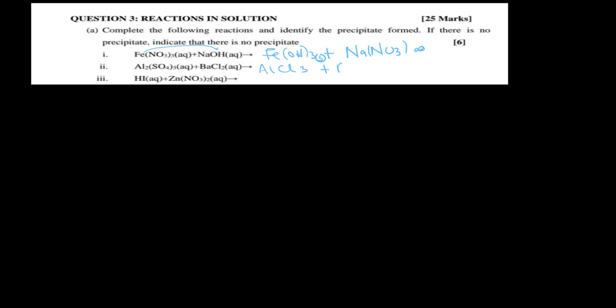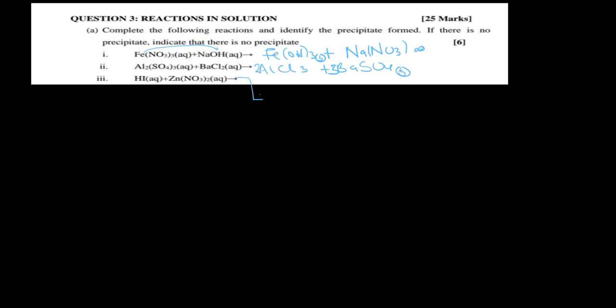By balancing the reaction, we can see sulfate has 3, so we'll put 3 there, then the aluminium had 2, so we'll put 2 there. Then we can see that the solid barium sulfate is always a solid. Do you know this salt?